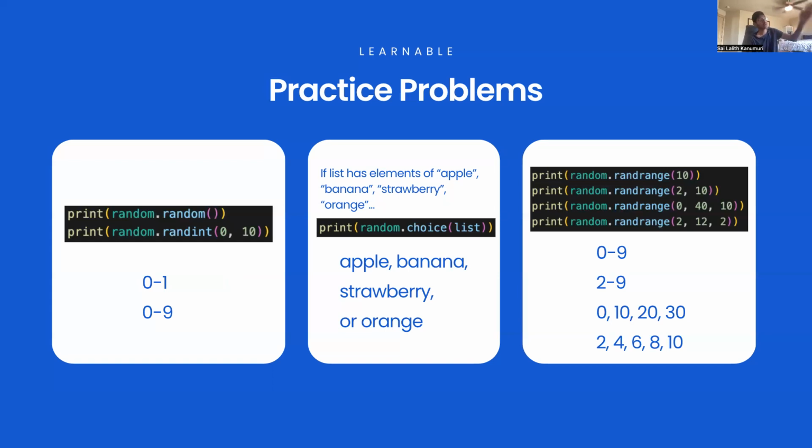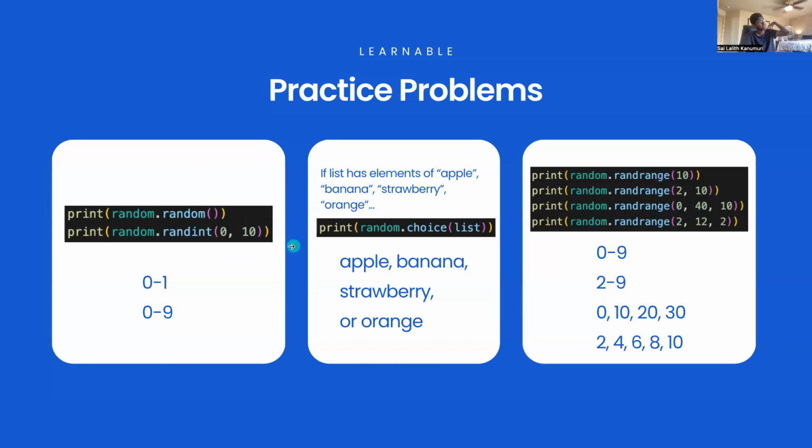So this will go 0, 1, 2, 3, 4, 5, 6, 7, 8, 9. That's 10 numbers right there. So that's very, very important. It's stop plus 1. So you start at 0, and the first number you don't want to include is 10. So it goes 0 to 9.